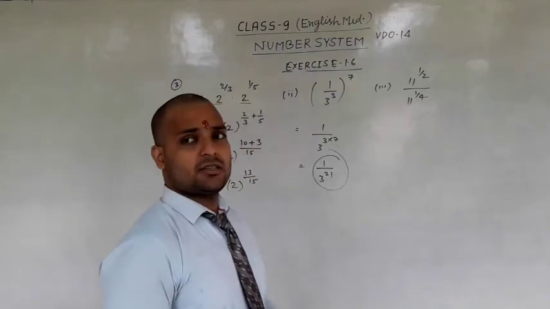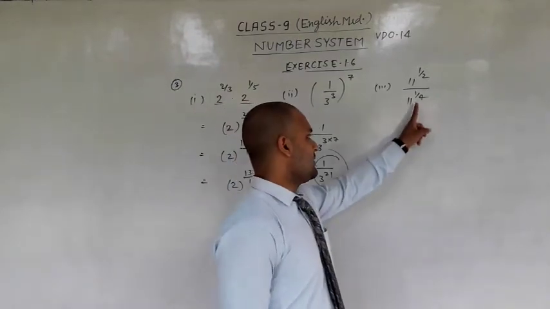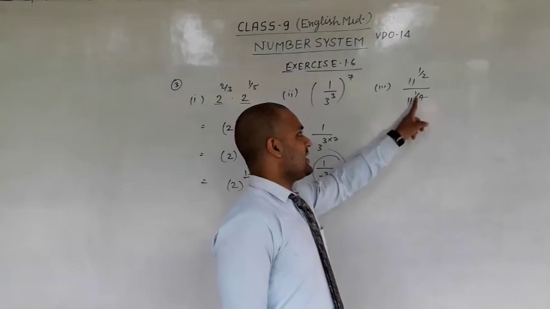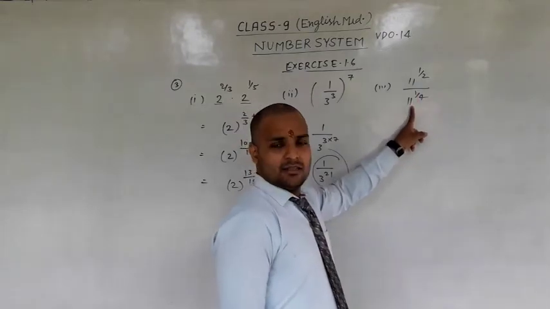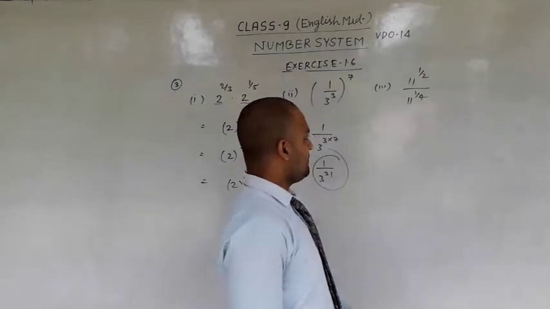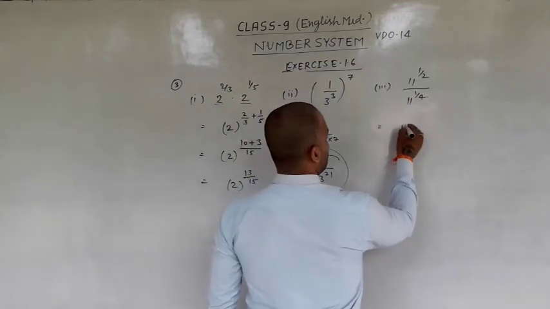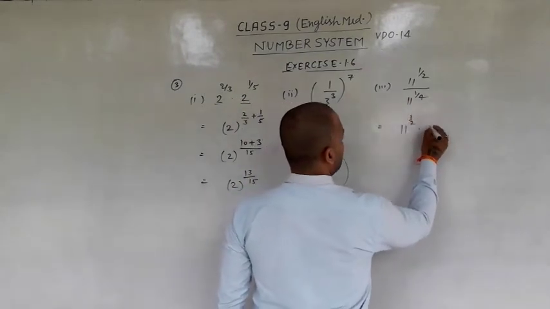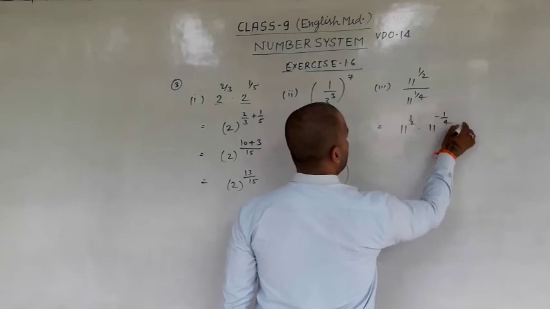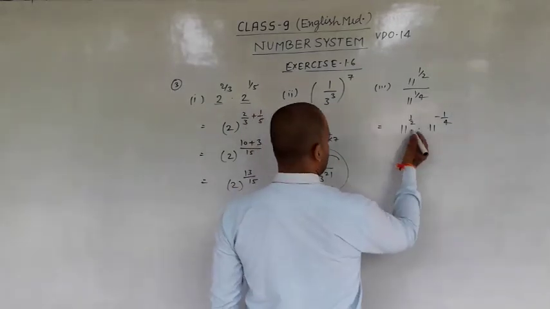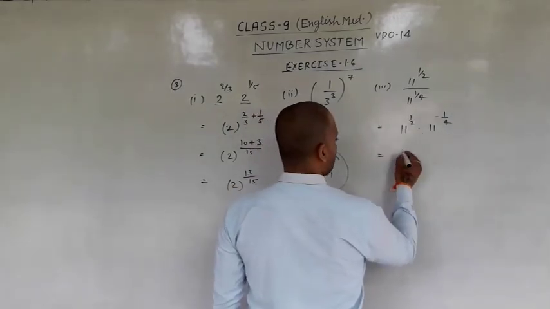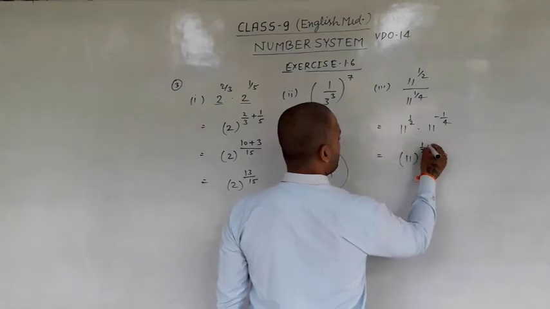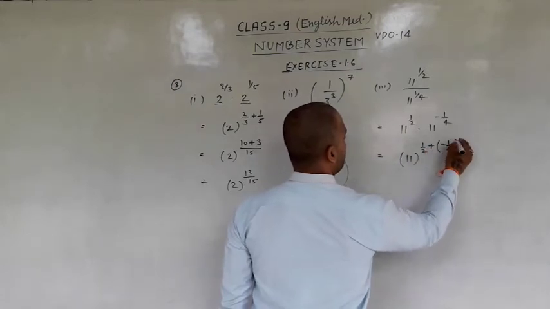Now question number 3, again law of exponents. Divided, bases are same, 11 and 11. This will go up, and that will be 11 to power 1 by 2 into 11 to power minus 1 by 4. The bases are same, so 11 to power 1 by 2 plus minus 1 by 4.